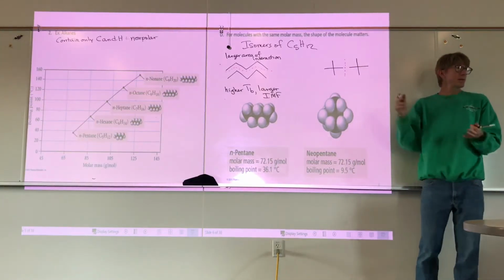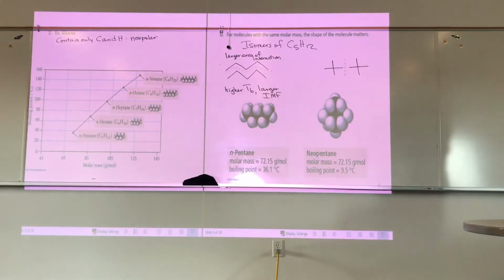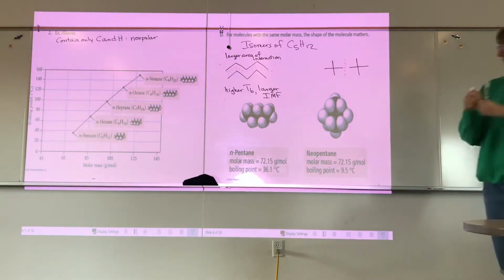These two, you can think of it as they just can't get as close. They can't overlap by as much, so a smaller area of interaction.